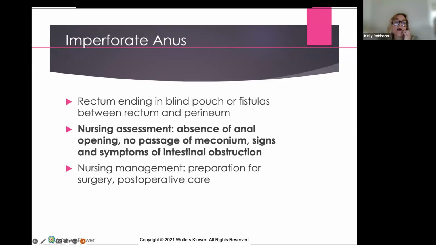I'm sorry, but if this is closed while they're in utero, wouldn't there be problems that would be noticeable? How are they releasing waste? Is the mom dehydrated? What's happening? So there's no sign while in utero that their anus is closed.